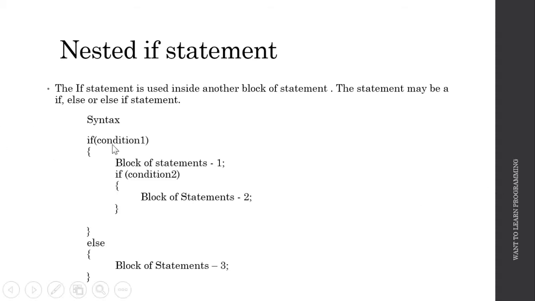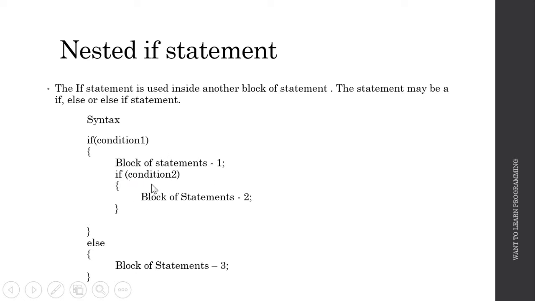So if condition 1, block of statements 1, then we write another if statement inside the first: if condition 2, block of statements 2, else block of statements 3. If the first condition passes, then the compiler executes block of statements 1 and then goes to the second condition.